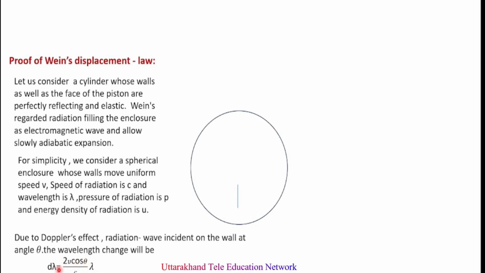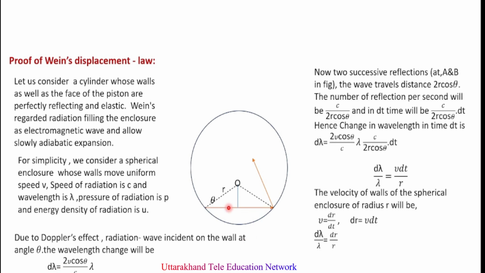Now again see, this is our center, and here our radiation starts and is incident at this point. This point is capital A, I will show it later.